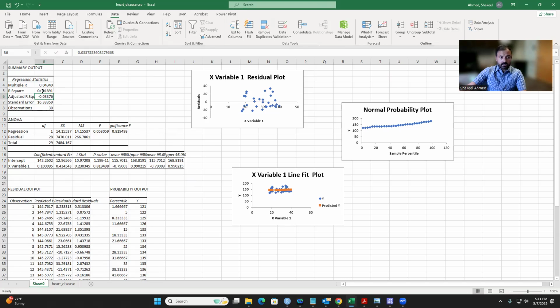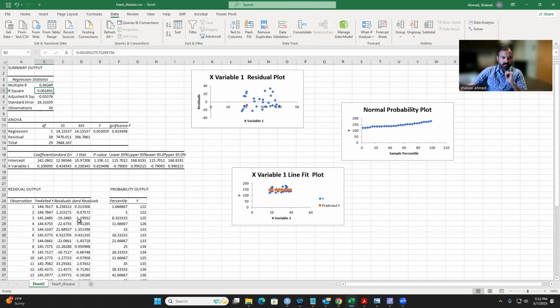Almost 0.1% variation in the blood pressure is explained by the body mass index. So body mass index is not a good determinant.